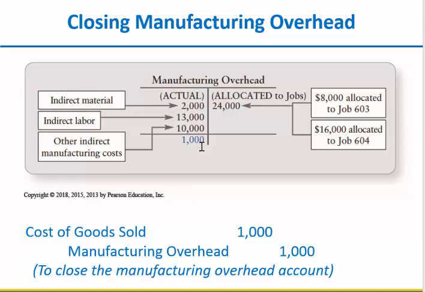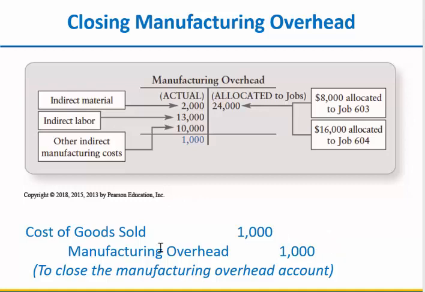We better wipe that out. So we are going to post a credit of 1,000 here to wipe out the manufacturing overhead balance, so that whatever actual expense should be completely allocated to these two jobs. You should have zero balance at the end of your manufacturing overhead account. Since you have 1,000 debit, I'm going to post a credit to wipe it out.